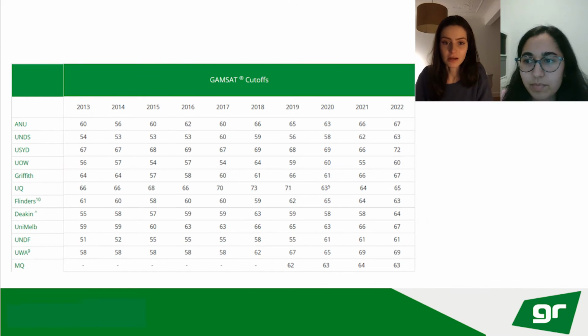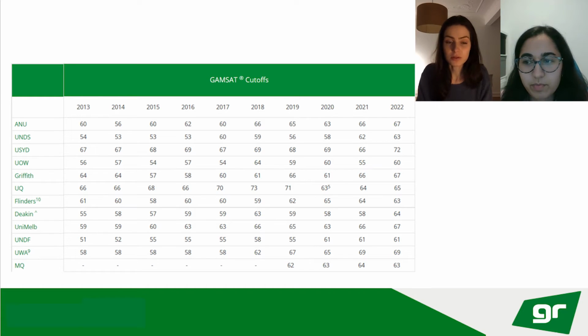But it is important to have an understanding, when you're studying, of what constitutes a good, in inverted commas, GAMSAT score, because as we've said before, most universities do have an official minimum score that they're willing to take. Often that'll be a score of 50 overall, and that's a score, mind you, not a percentile. You also need section scores of 50 in each of the 3 sections individually.